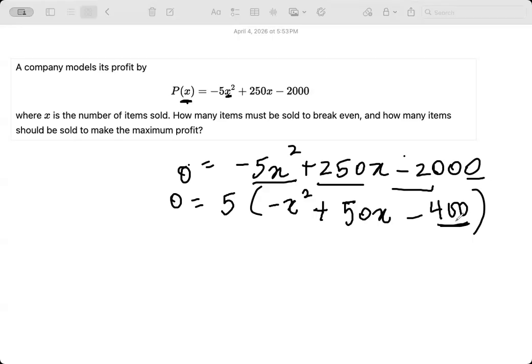You cannot look at me like this. Write down the factors of 400. 1, 400. 2, 200. Like that you write down, then only you'll know. Simply looking at me, I'll not solve. Isn't there also 1 and 4? No, I meant 10 and 4, yes, but that does not give you 50, right?